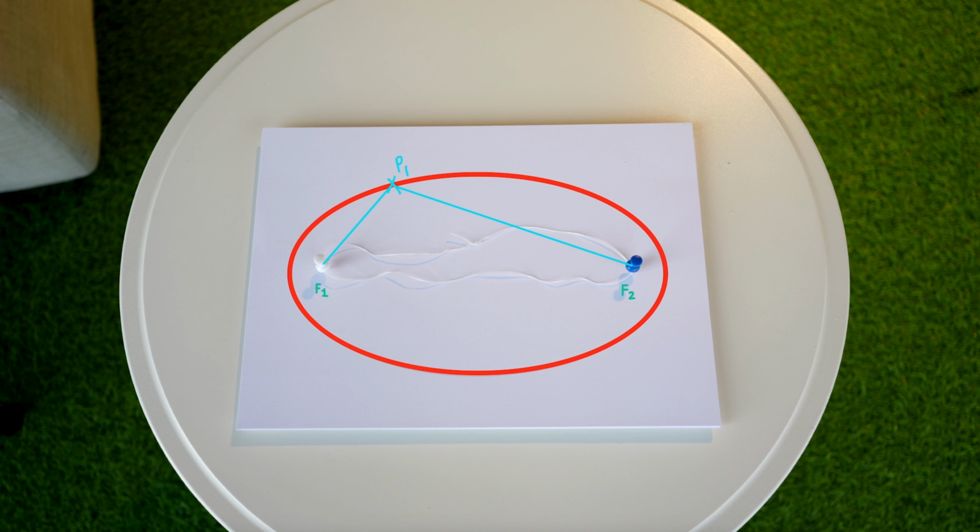If we add these 2 lines, we get the sum, 2a. We choose another point, let's call this one P2, again at a random point. We look at these distances now, and we add this one and this one. It would actually be equal to the sum of those lines as well. So that's what's cool about ellipses.